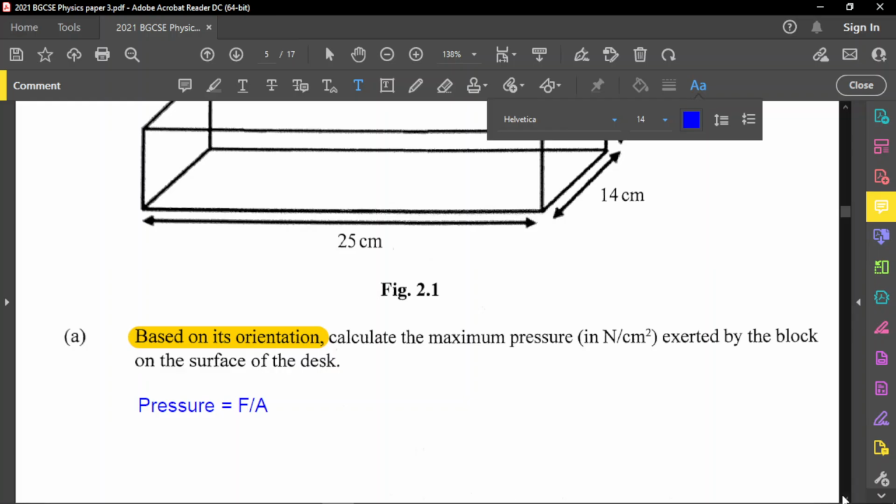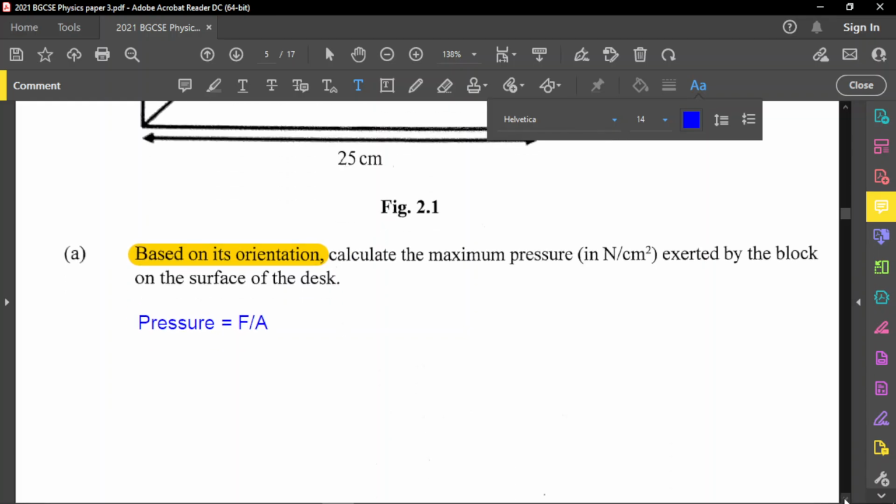So let's quickly write that out. Force F equals 70 newtons, so we already have that. And our area equals 25, which is the largest side, multiplied by 14. That will equal 350 centimeters square.